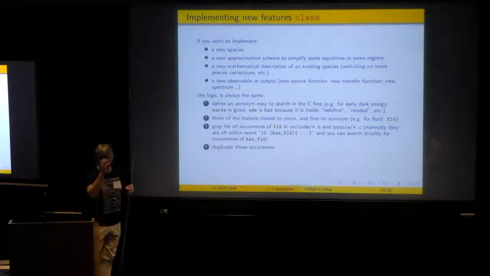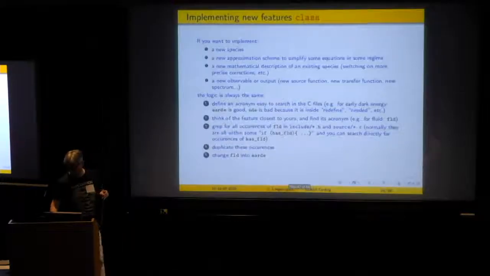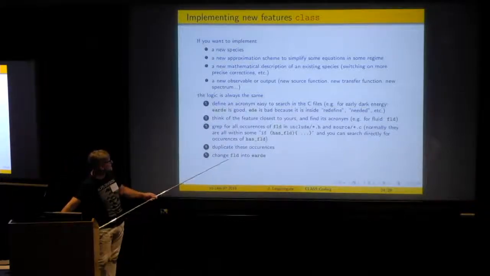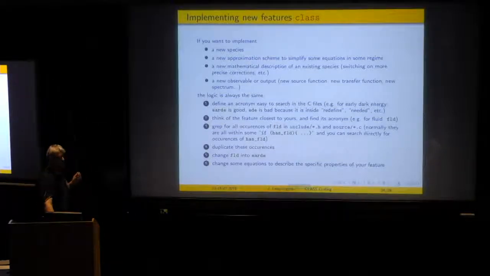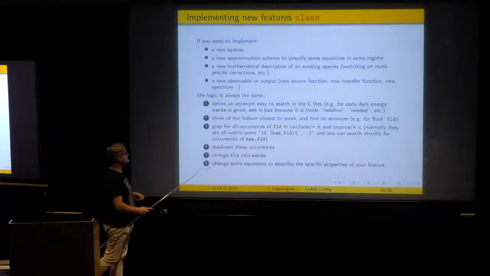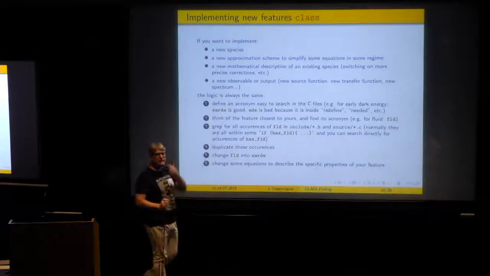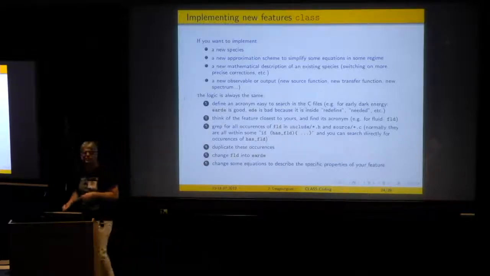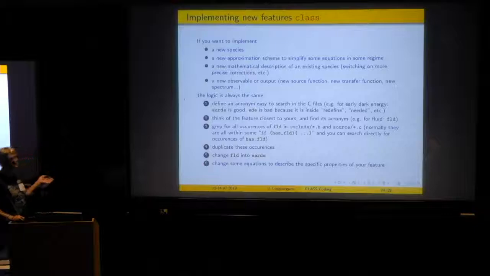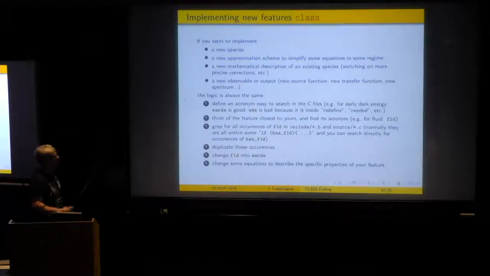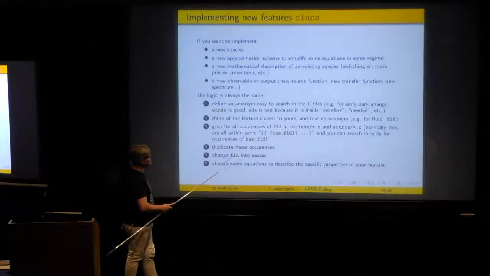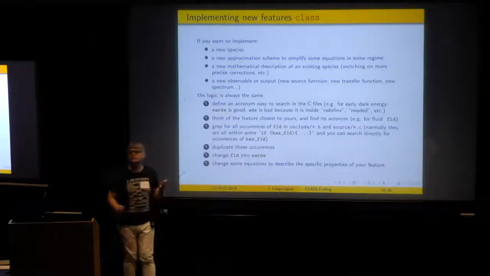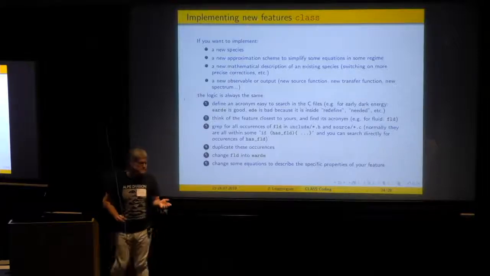Then you duplicate each of them, and of course you replace in the duplicate version FLD by ERDE. And then you just have to think of what is different in the initial one and in the new one. And very often it will be just a couple of lines because you want a different equation of motion, for instance. And the rest will just be some query replace of FLD by ERDE in all these zones. So it can go very fast.